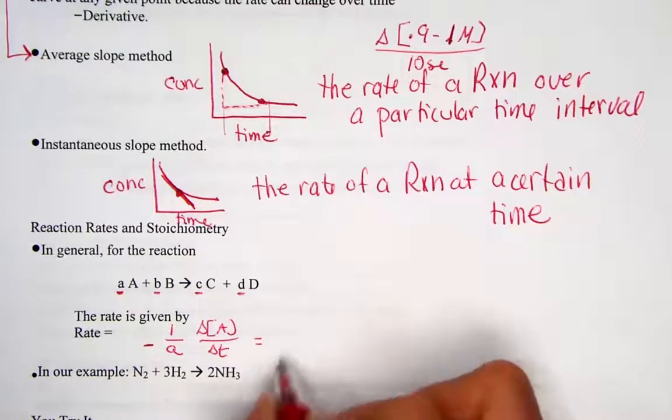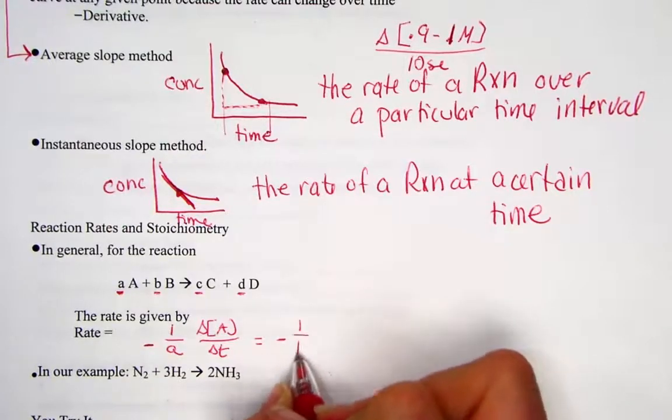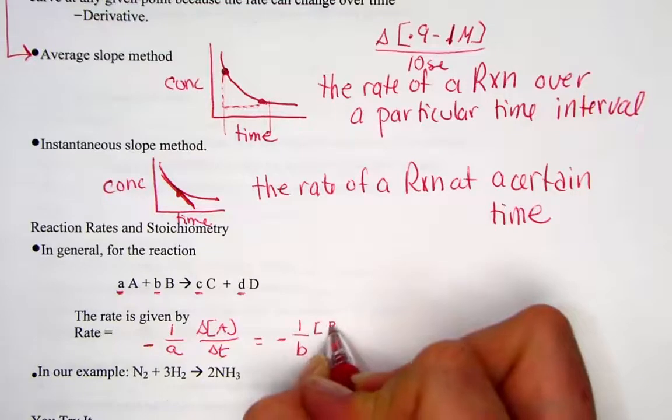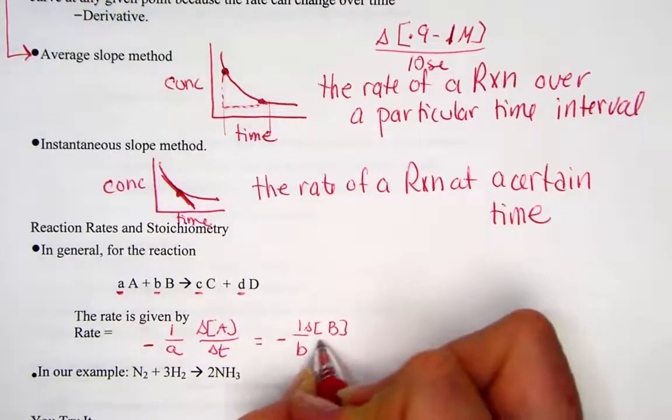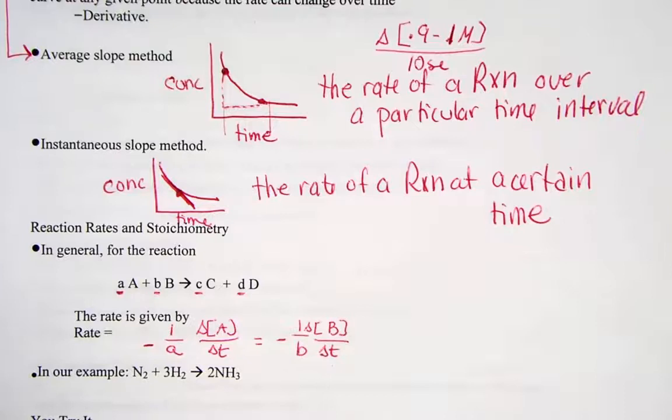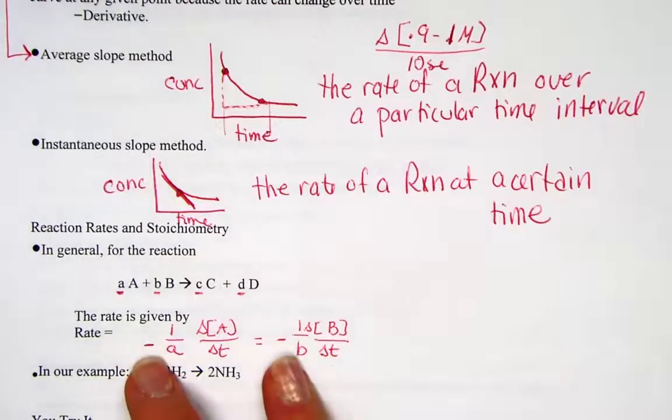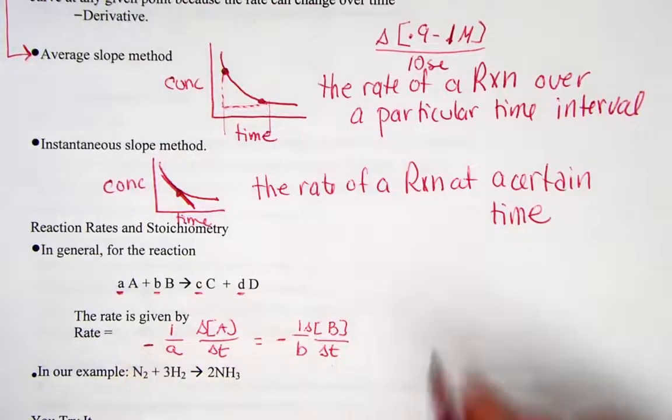That is set equal to negative 1 over b times the change in concentration of reactant B over the change in time. Reactants disappear, so we place a negative sign.